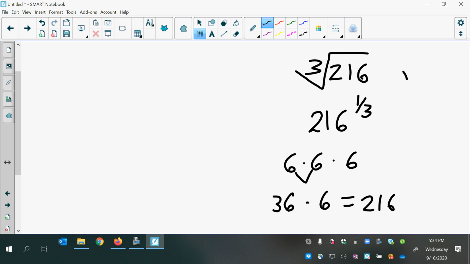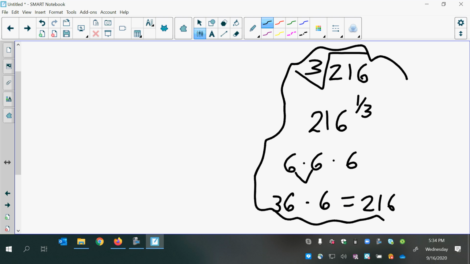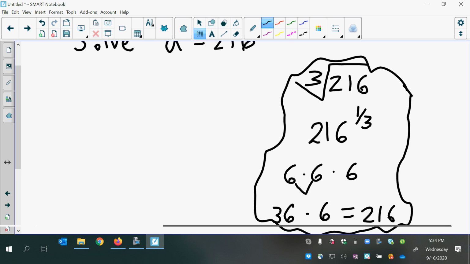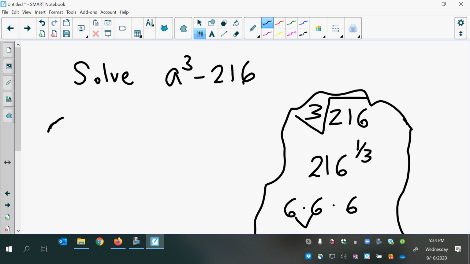Okay, so we now know that 216 is a perfect cube because you can find something that when you raise it to the power of 3, you get 216. So we can rewrite this as, we don't need to really change much about the first part, a cubed minus 6 cubed.